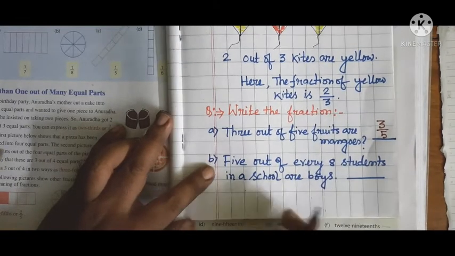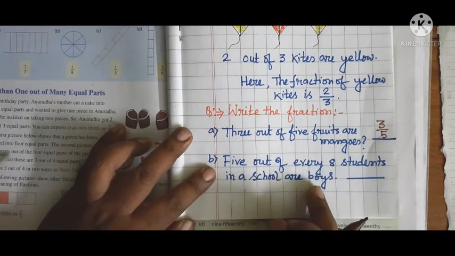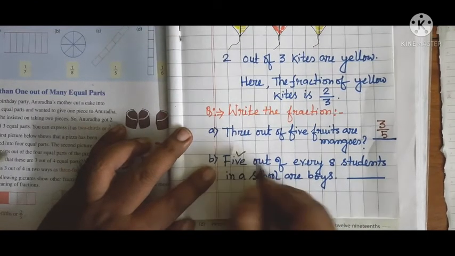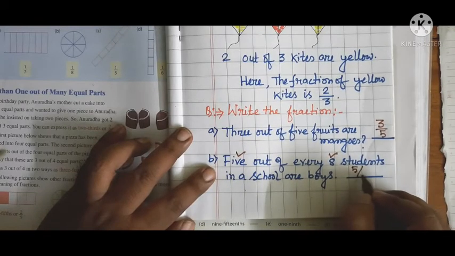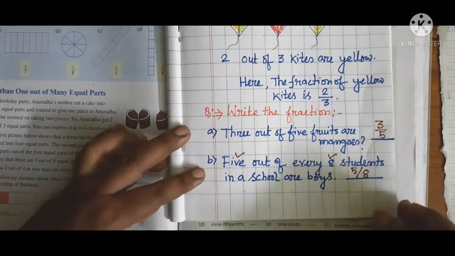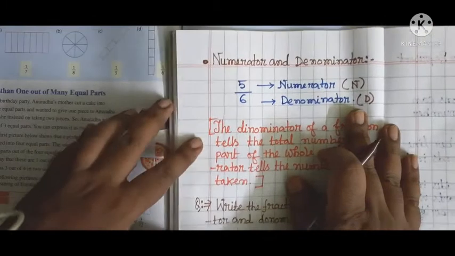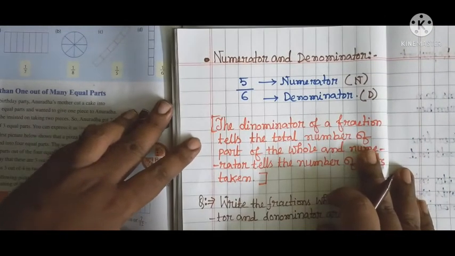Next, 5 out of every 8 students in a school are boys, 5 out of 8, therefore it will be 5/8. Next we will learn what is denominator and what is numerator.